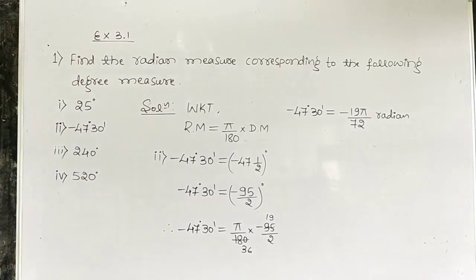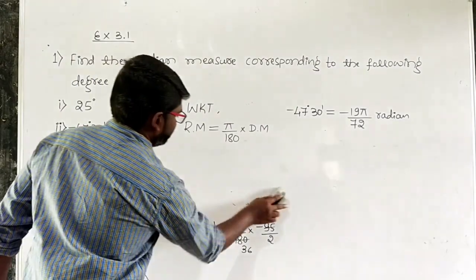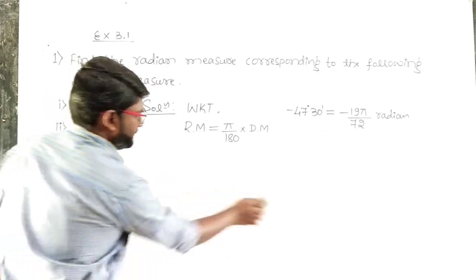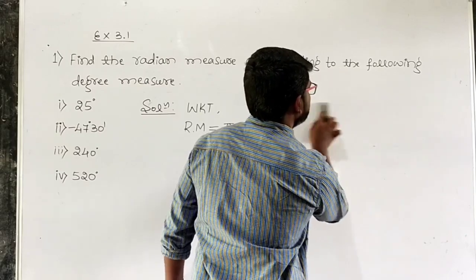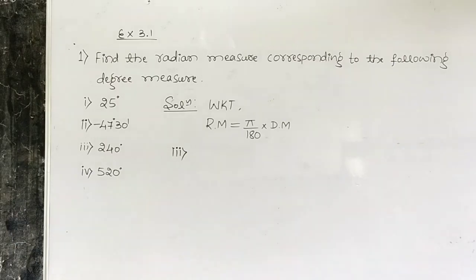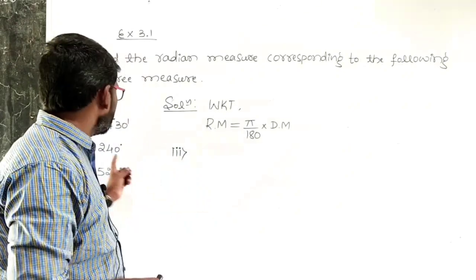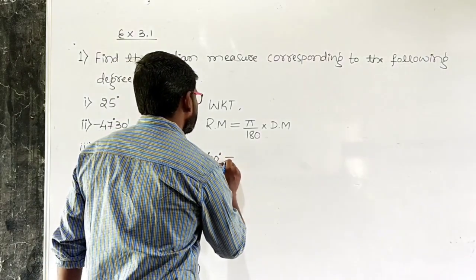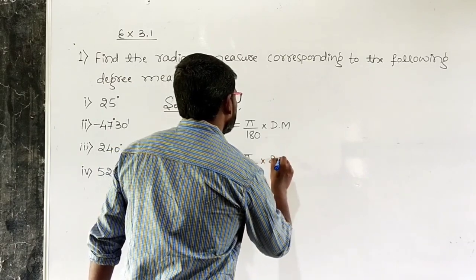So let us go for the third sub question. It is 240 degree. So 240 degree equals pi divided by 180 into 240.